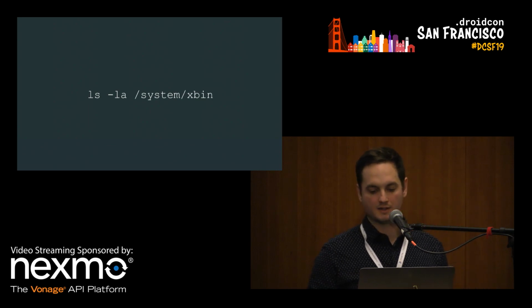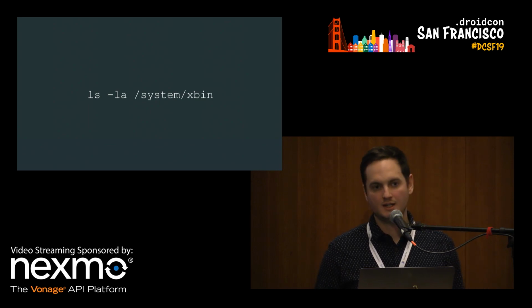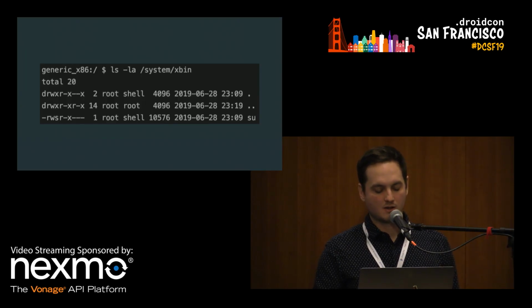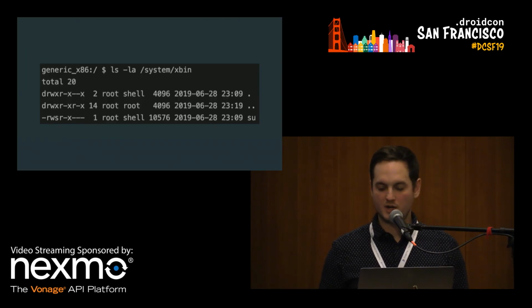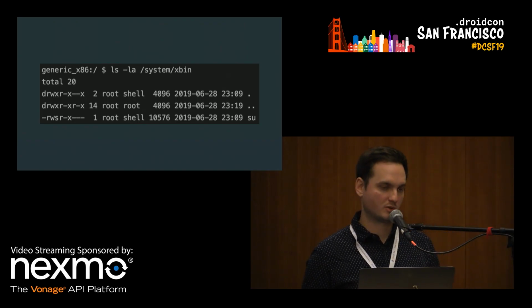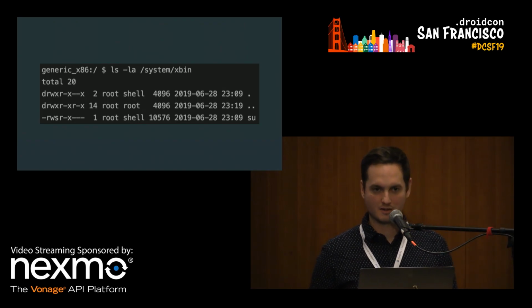And if we take a look at system/xbin, this is another folder which contains such binaries. On an emulator, we can find a binary called switch user, which we cannot find on a production build like on my OnePlus phone. This folder is empty.